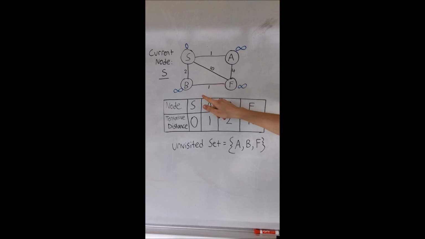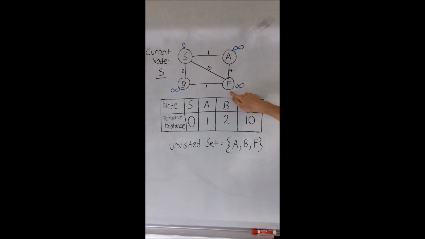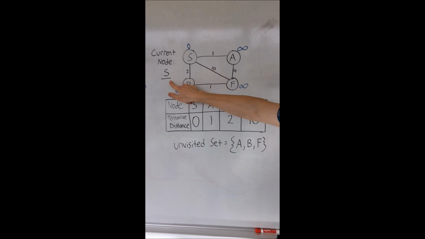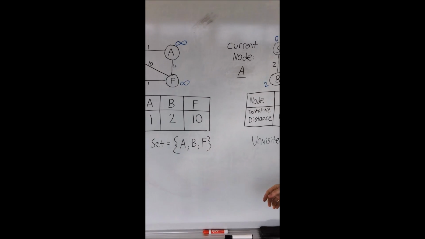Using the same procedure, B is assigned a new value of 2, and F is assigned a new value of 10. We then remove the current node from the unvisited set. In this case, S was not in the unvisited set, so it remains unchanged.